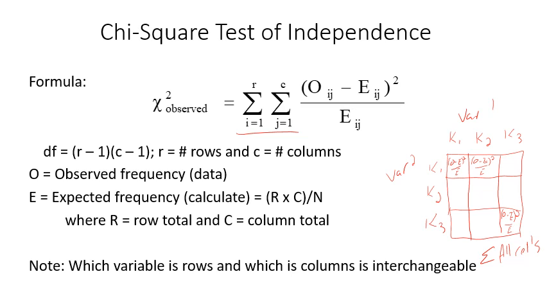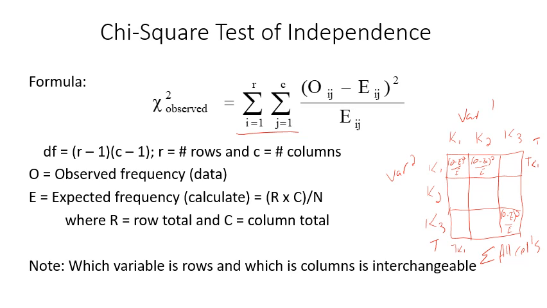Our observed frequency is going to be from the data. Again, easy, that's just what you're given. The expected frequency you have to calculate, but it gets a little bit easier here in that you've got a total here and a total here. You're going to have a total of K1, and a total of K1 here too, because I did two K1s.